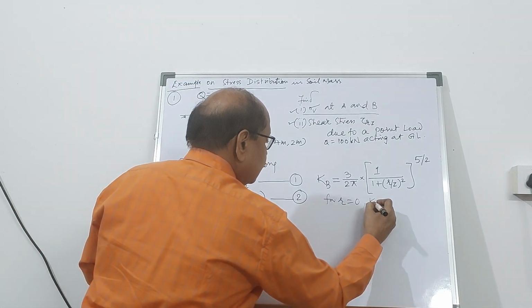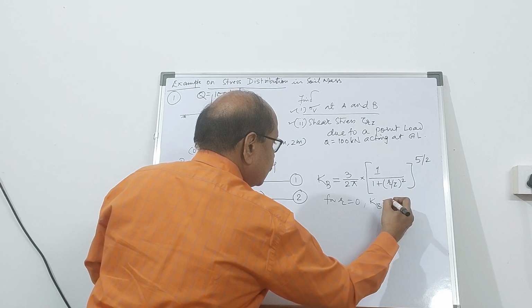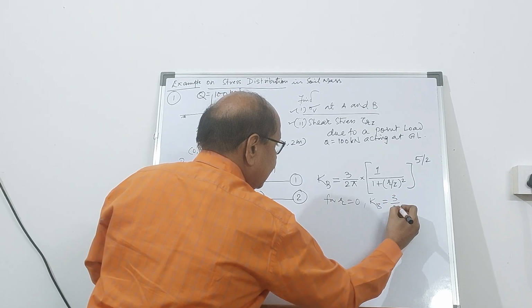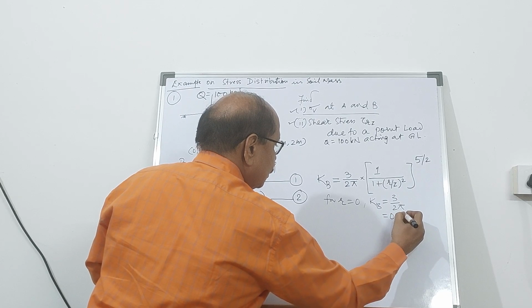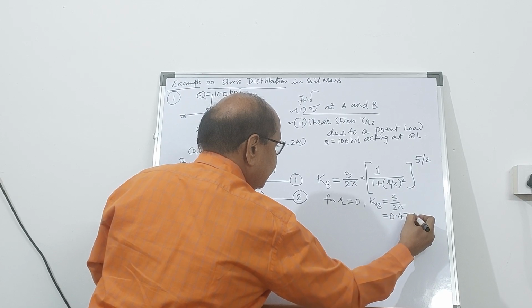Kb becomes 3 divided by 2 pi, or it is equal to 0.4775.